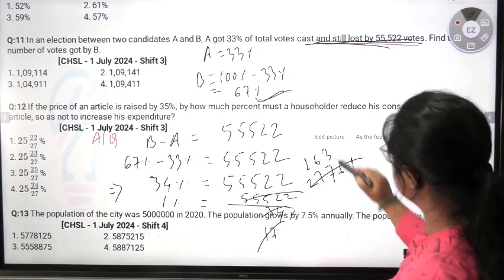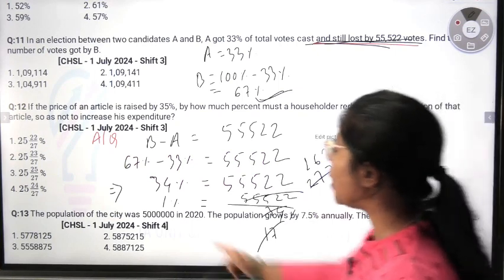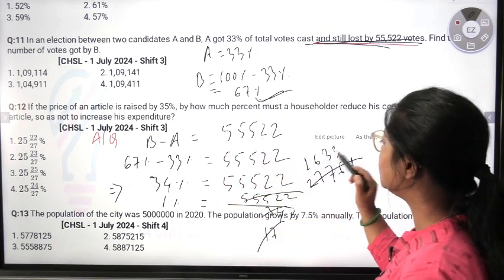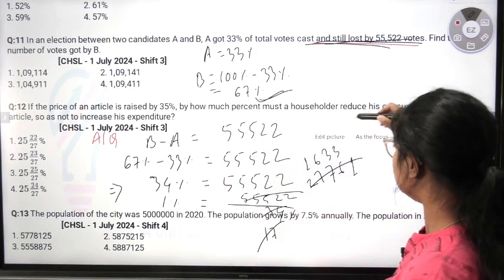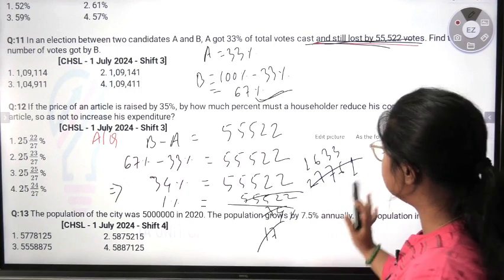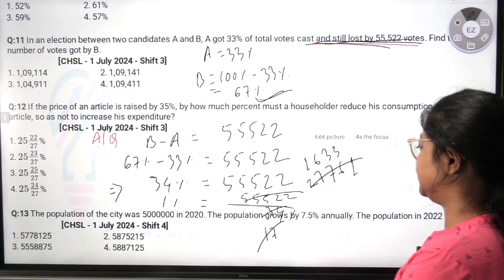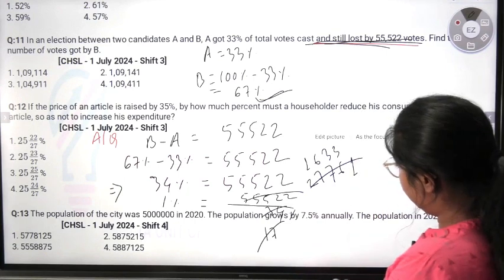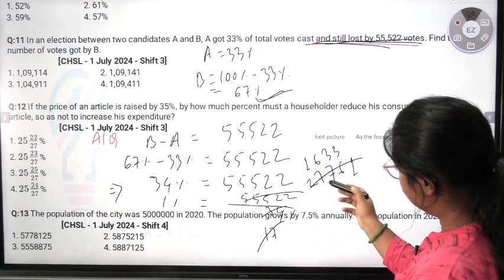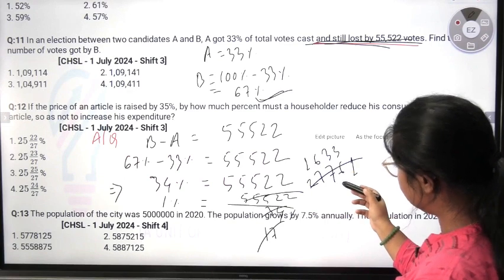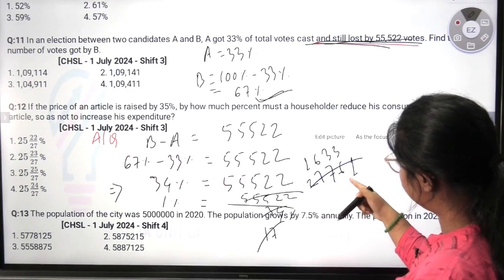So 5 and 1, yes, 1633. So 1% votes means actually 1633 votes. Is it okay? 17 1s, 17 6s, and 17 3s, yes, correct.